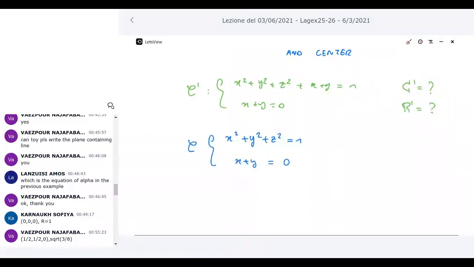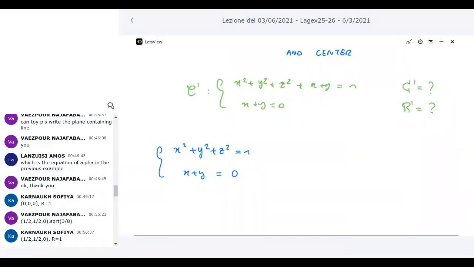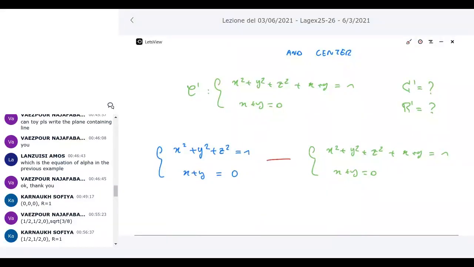And I'd like you to think about a system of equations for a while. So the blue one is the system of equations defining C, and the green one is the system of equations defining C prime. Do you agree that the two systems of equations are equivalent?